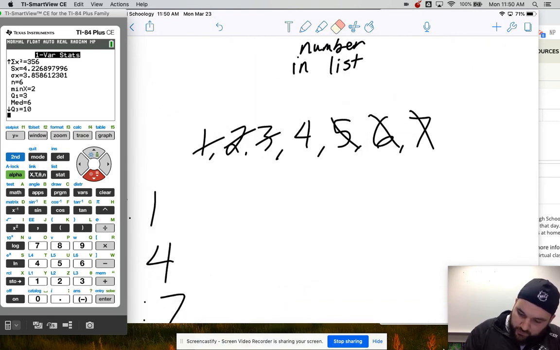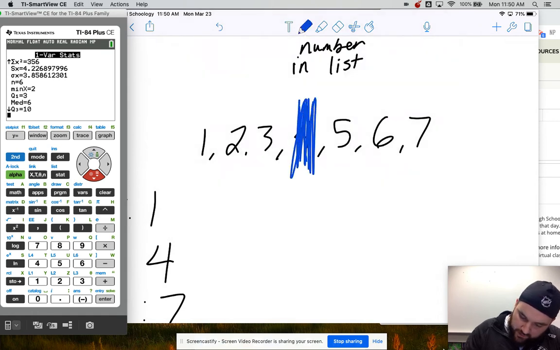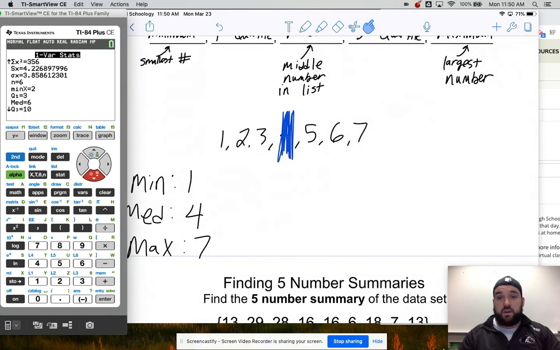Okay. Now here's what we mean by quartiles. I know the median is 4. So if I take 4 out of the list, okay, I have now split this list into 2 smaller sets of data. I have the smallest 3 numbers and the biggest 3 numbers.